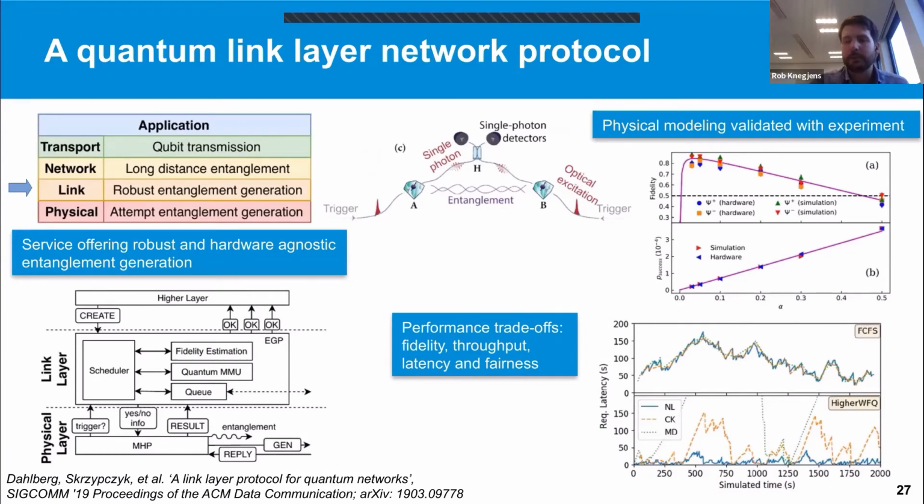And this was compared with experimental data to check that the modeling indeed produced also the measured fidelity and success rate seen in experiment. And once that was confirmed, the robustness of this link layer protocol was studied, and also different performance trade-offs. So under sort of what conditions does it produce certain fidelity or throughput or latency?